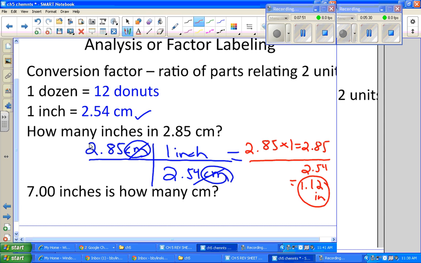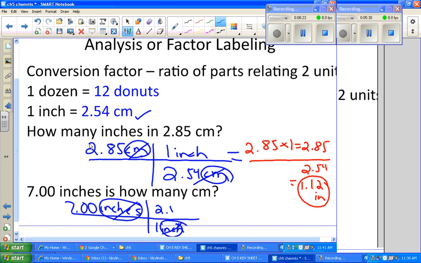What if we go in the opposite direction? You have 7 inches, so write that first. Draw your scheme, and using the same conversion factor, you have inches on top, so 1 inch should go on the bottom, so that it cancels, and 2.54 centimeters goes on top.